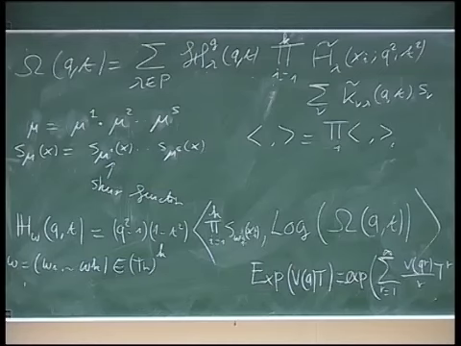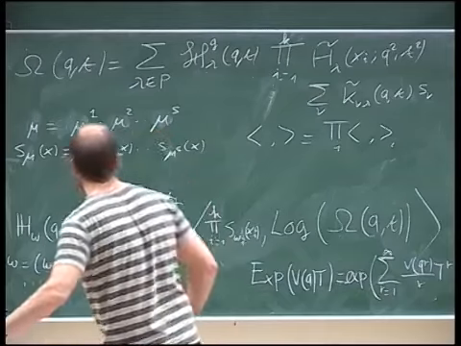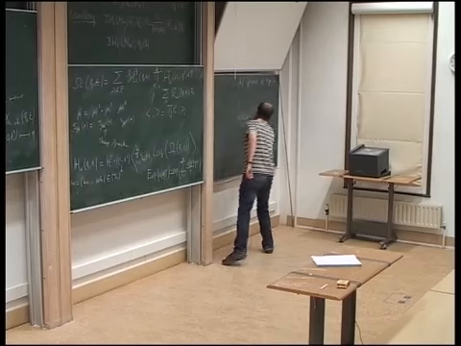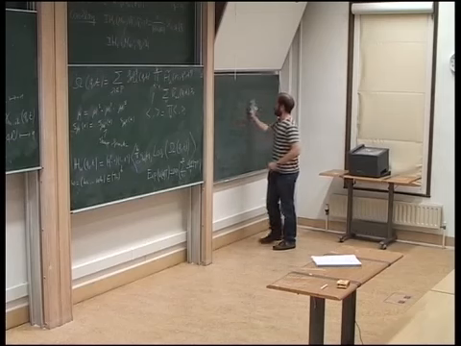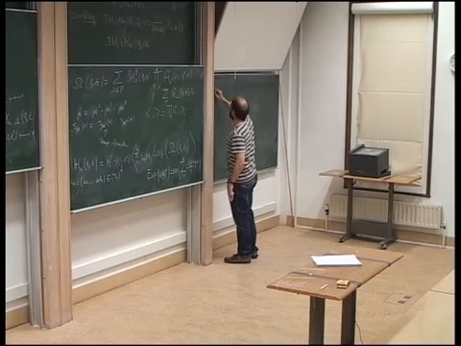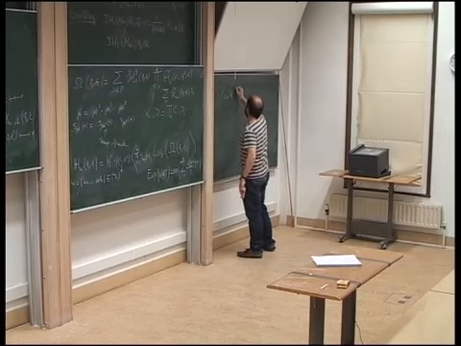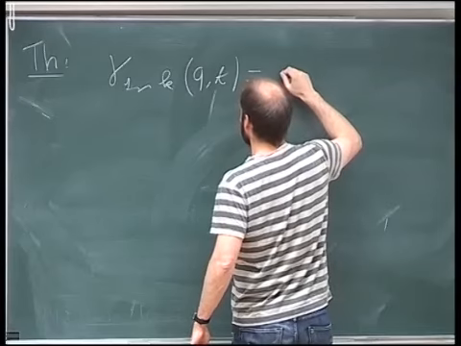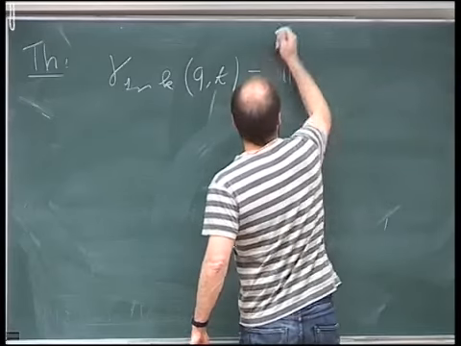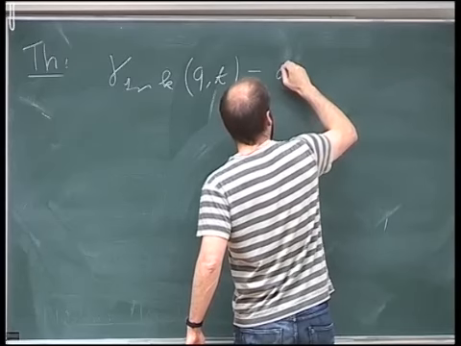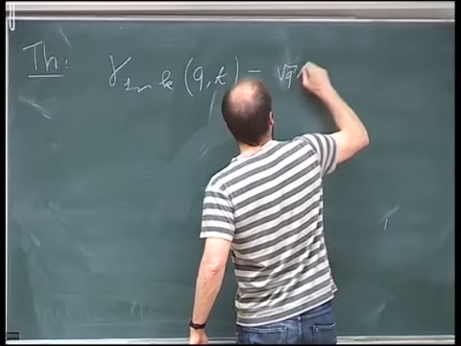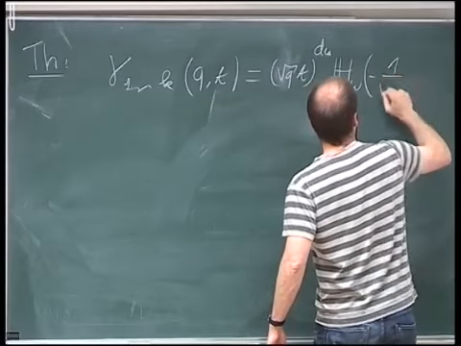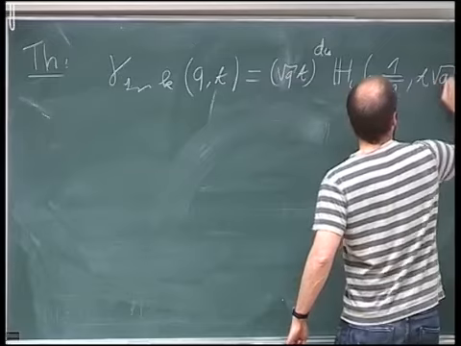And so the theorem is that our gamma 1 k qt is equal to square root qt power the dimension of h omega, minus 1 over square root q and t square root q.